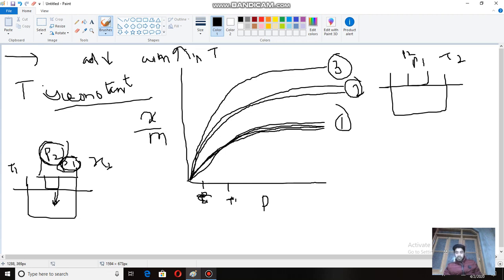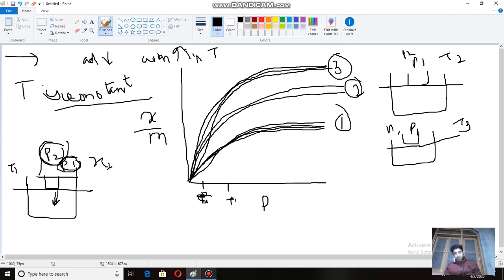And similarly we took a third system at temperature T3 and varied the pressure, first P1, P2, P3 and so on, and we got a graph like this.